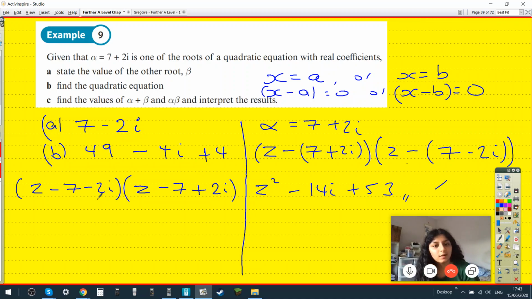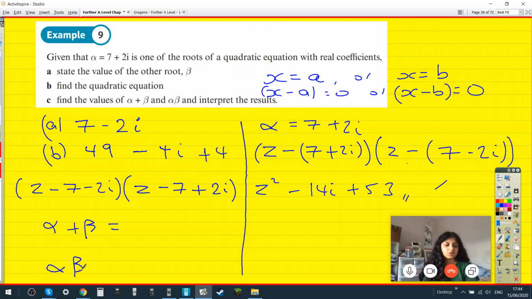It's quadratics in reverse. Find the values of alpha plus beta. Alpha plus beta is minus 14. Wait, no, it's just 14. Yep. And then alpha times beta is 53. And interpret the results. What does that mean? It's 14. Should it not be minus 14?